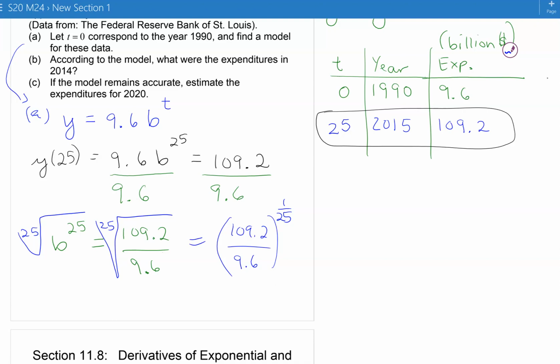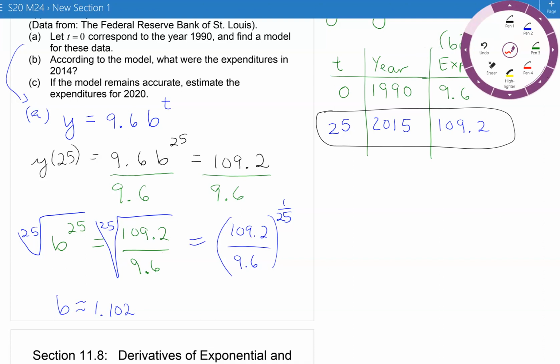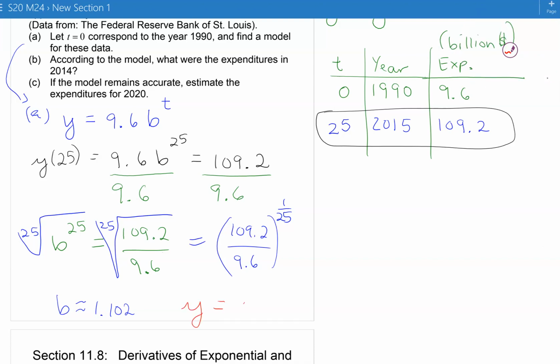So you're going to have 109.2 divided by 9.6, and then you're either going to take it to the power of 1 over 25 or the 25th root, and you're going to get b is about 1.102. We'll round it to 3 decimal places. So the model that they're asking me for is y equals the y0 of 9.6 times the 1.102 to the t. So this is the mathematical model.